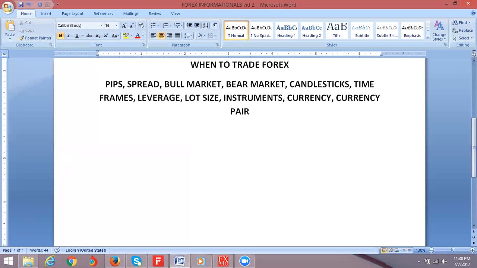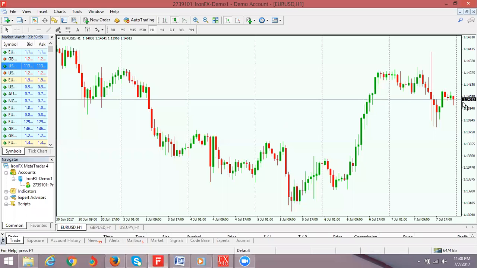So for example, let's see the price of Euro USD right now. It is 1.1401. Please, the last digit there is called a pipette. Some brokers give that, but the most important ones are the 4 digits behind the one. So 1.1401.